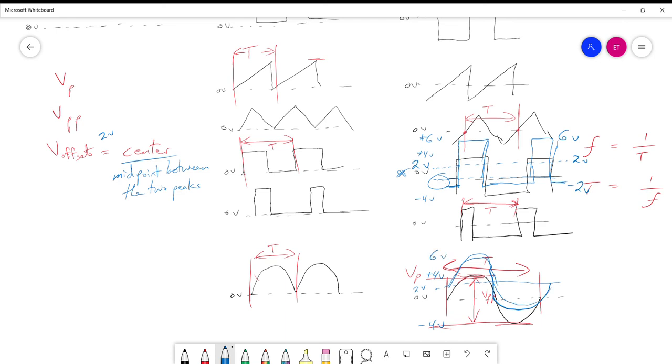So offset doesn't belong just to square waves or any one waveform or wave shape. We can push waveforms up or down. They can be centered on 0, in which case the offset is 0. But they can have offset too. Okay.